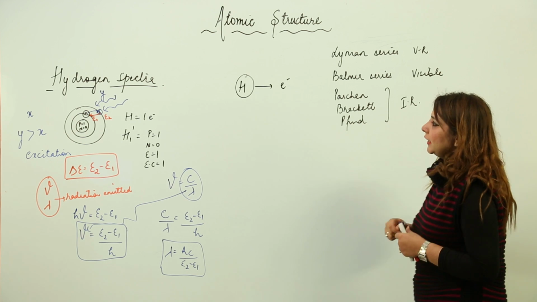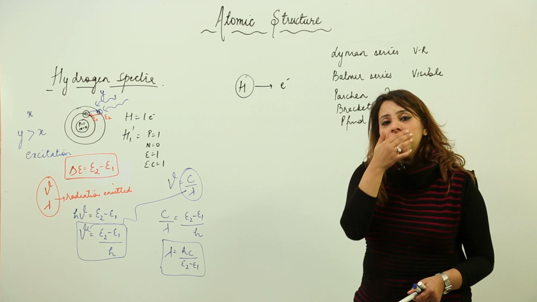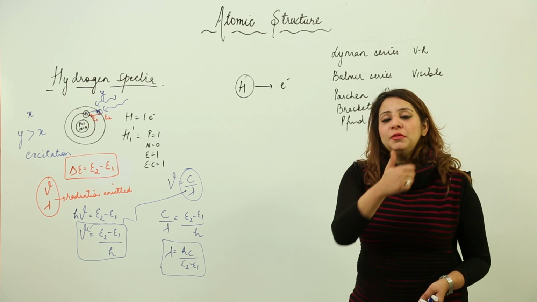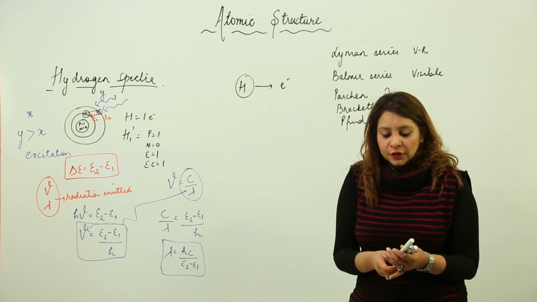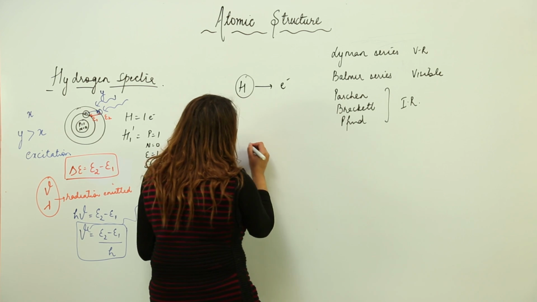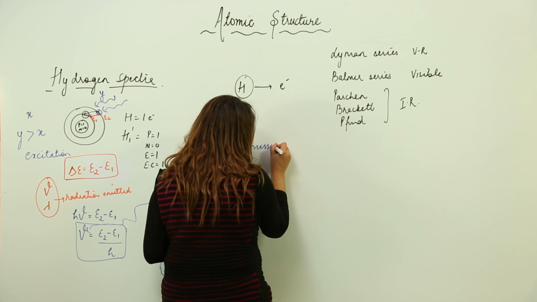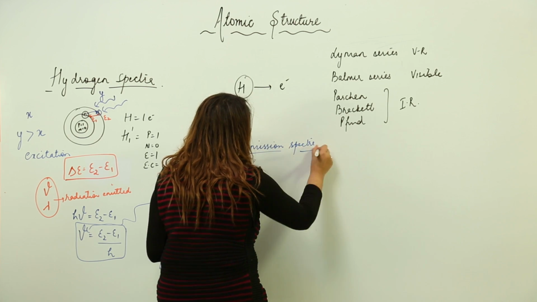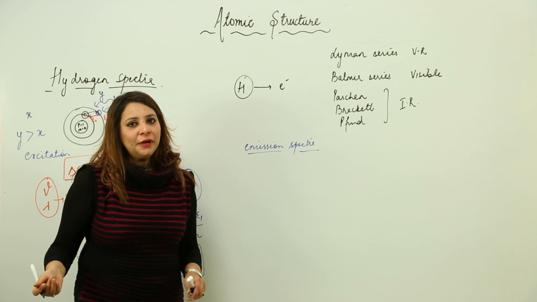So you must be thinking that hydrogen is an atom with a single electron, and we are getting so many lines. So why does the simultaneous appearance of lines occur? You know what the reason is behind it? The reason is that when we were studying the emission spectra, there were so many bright lines.